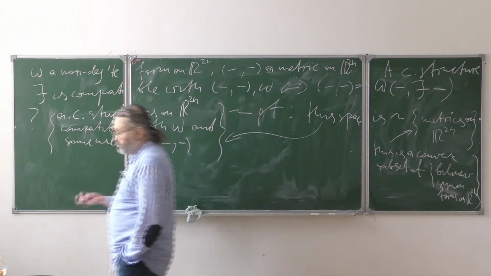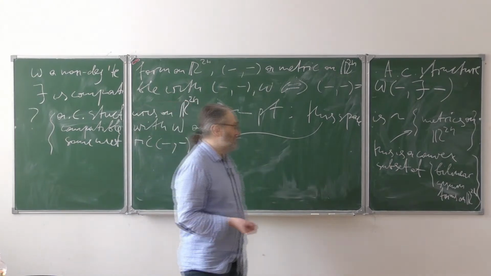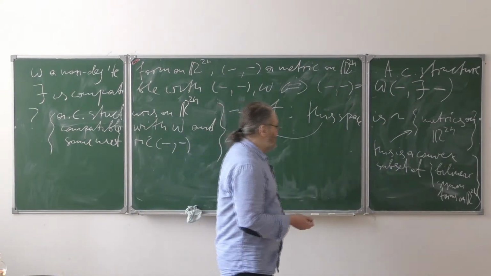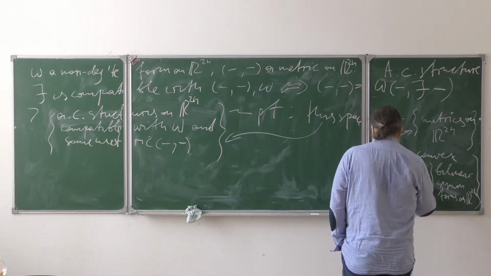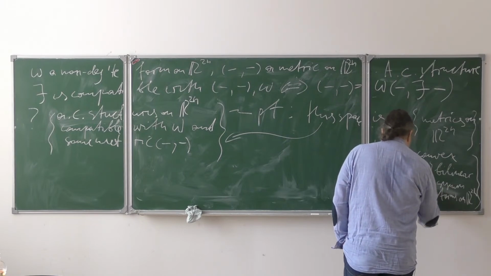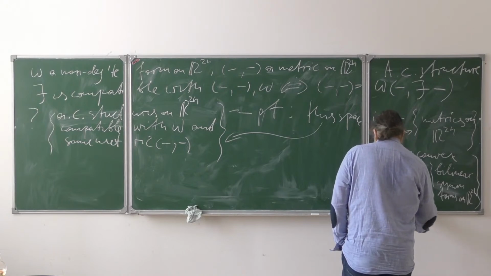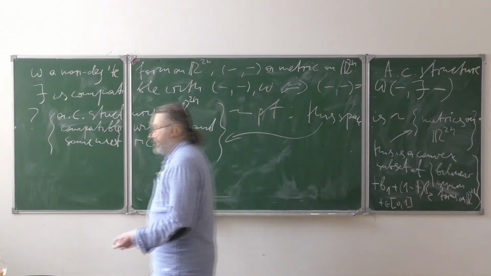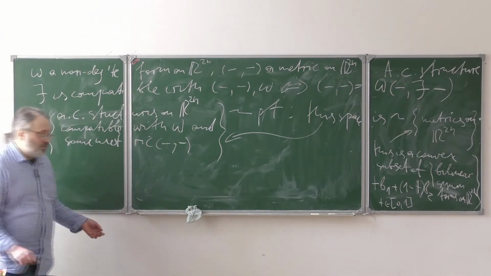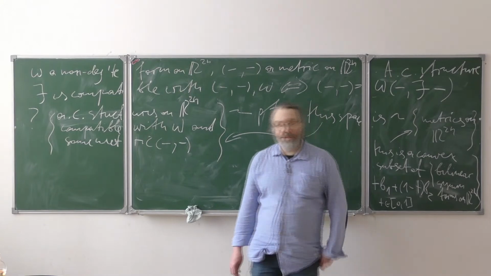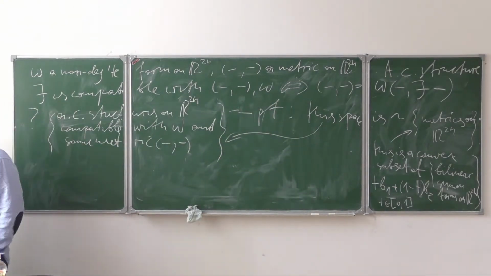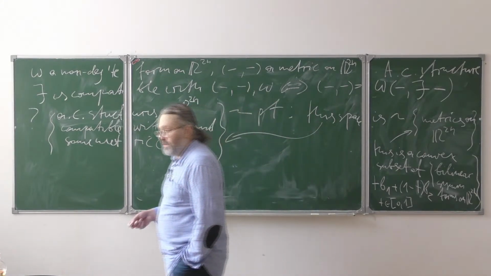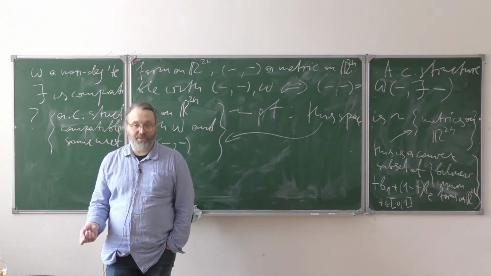By definition, if we take any positive definite symmetric bilinear form and another positive definite symmetric bilinear form, then for every t between 0 and 1, the linear combination is again positive definite symmetric bilinear. Basically this follows from the fact that positive real numbers form a convex subset of all real numbers.